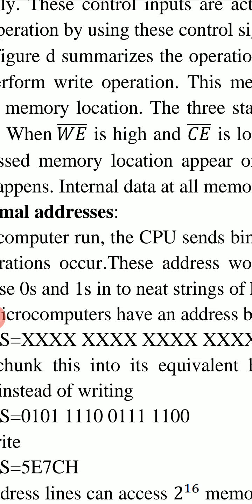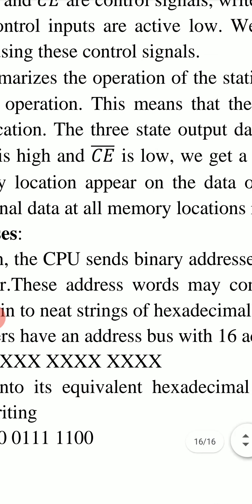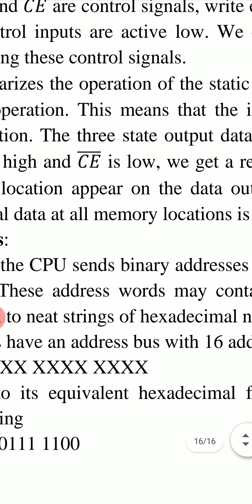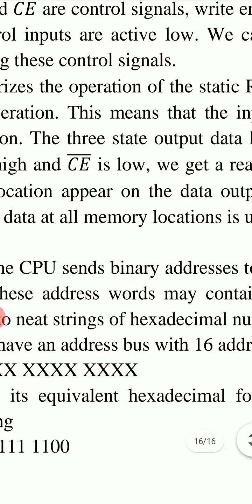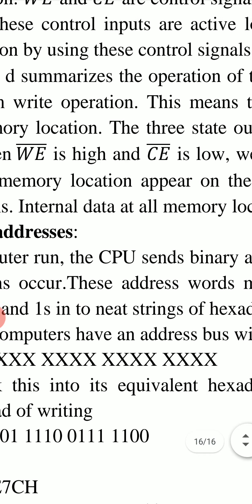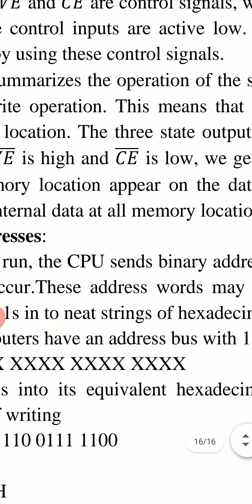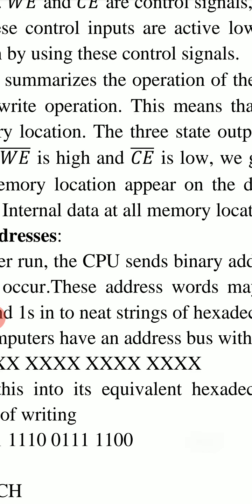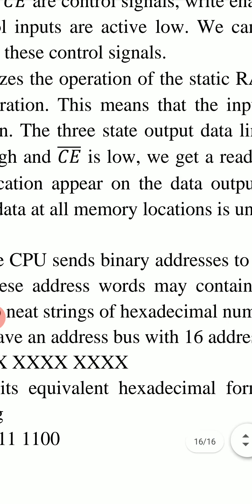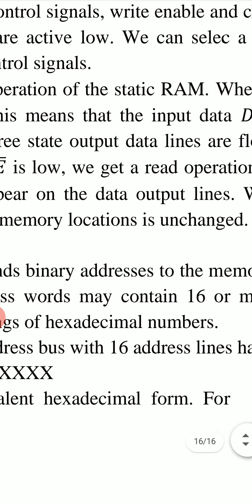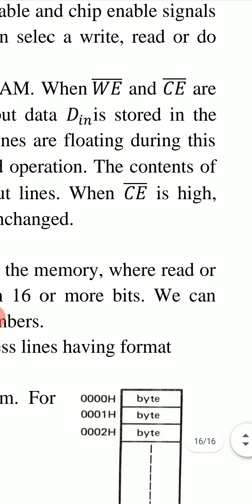WE bar is high, it is 1, so it is inactive, and CE bar is low, so it is active, and this will perform a read operation. So to perform a read operation, we must have WE bar 1, which is inactive, and CE bar low, that is active. We get a read operation.